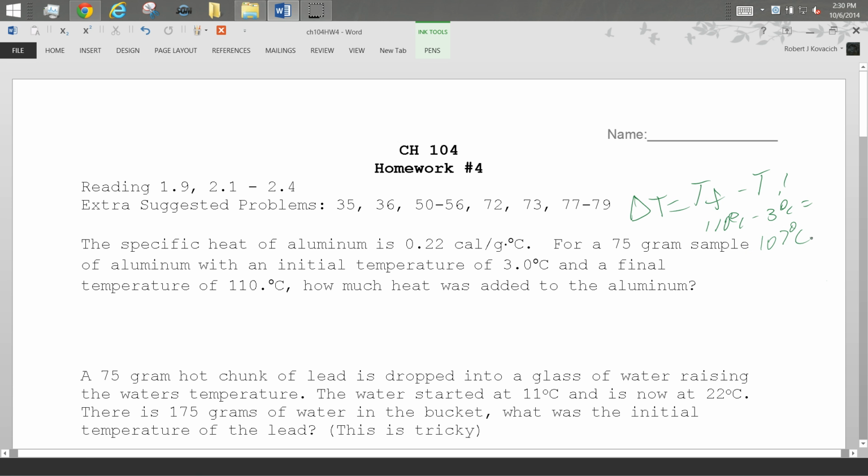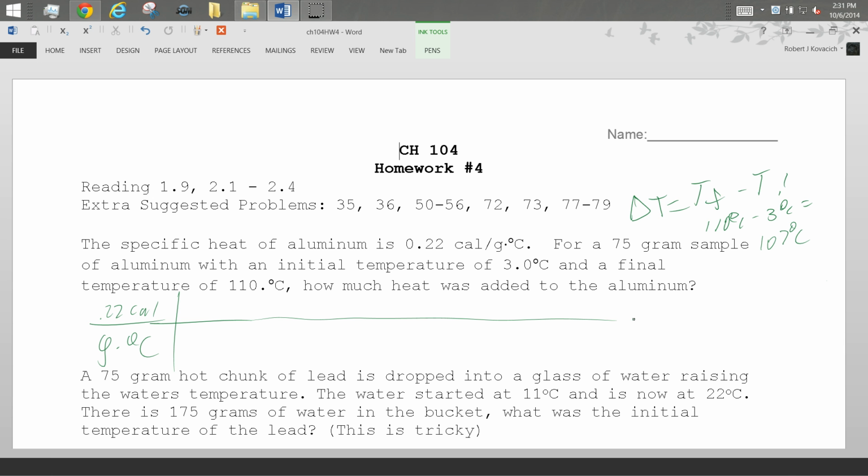Okay, so I need calories, and the only thing that I have calories in up here is my specific heat number. So I'm going to start off by writing 0.22 calories per gram degree C. Great, I've got the unit that I want, and it's in the position that I want it to be in, and so I just need to get rid of the calories in the degree C. Let's get rid of the degree C. We already know what number we need to use because we just calculated it as 107.